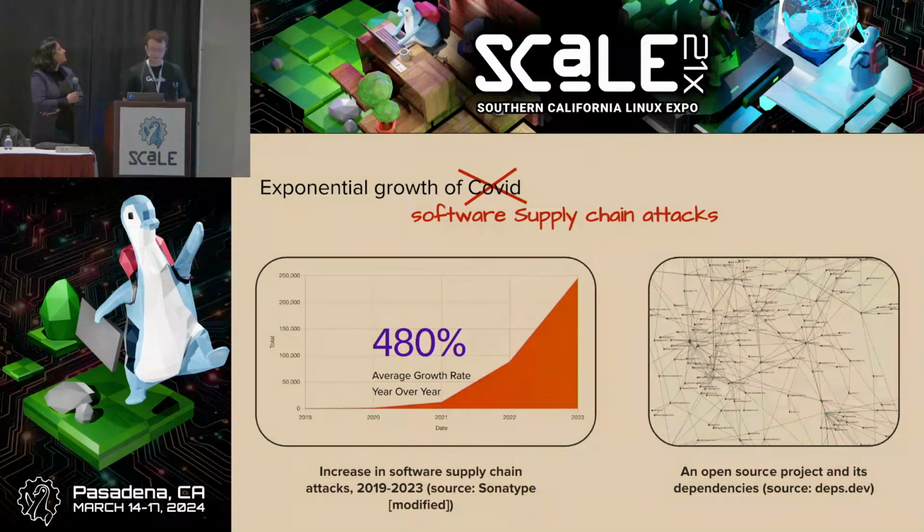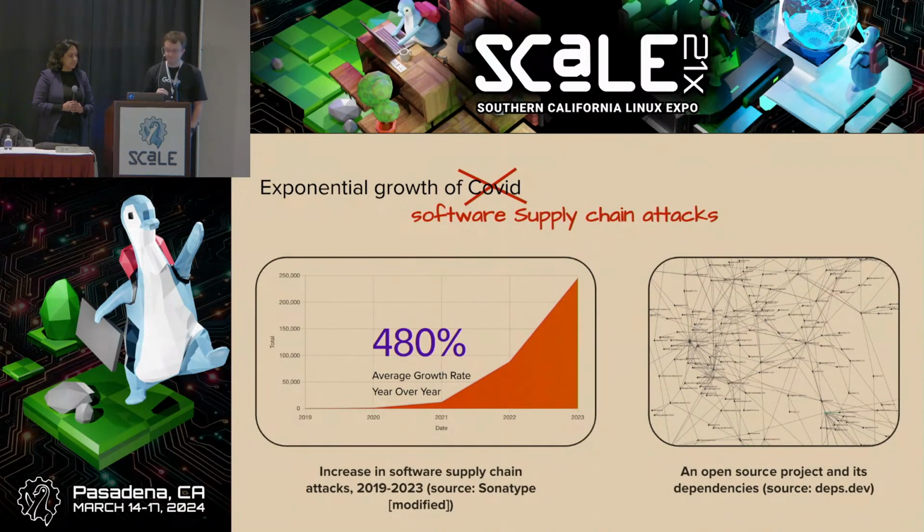The graph on the left shows the rise in software supply chain attacks over the past few years. These are hacks that target a piece of software or some component early in its own software development lifecycle in order to harm a different target later. The enormous 480% average growth rate over the 4 years shows just how lucrative and enticing these attacks have become.